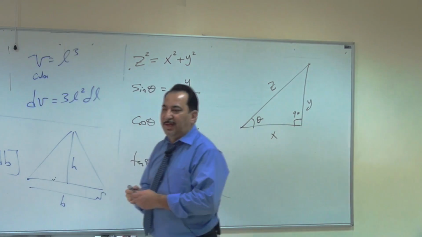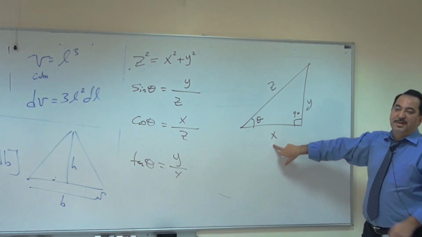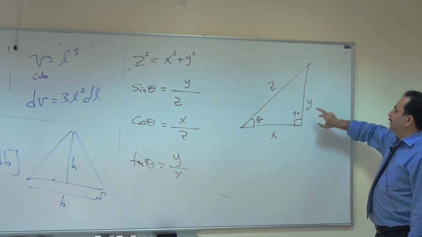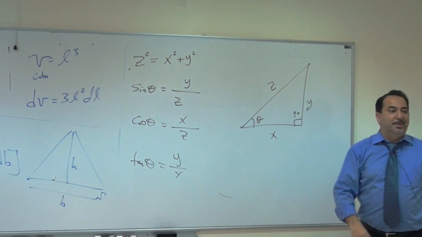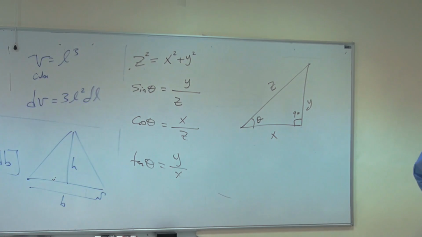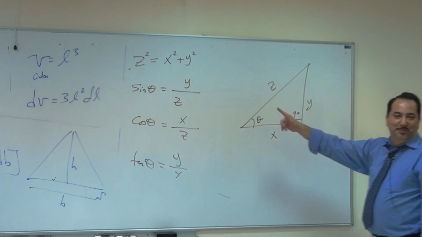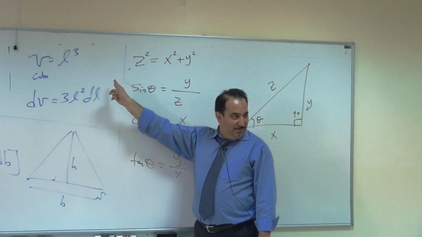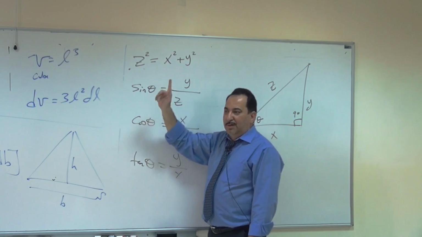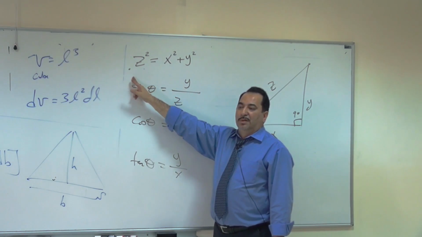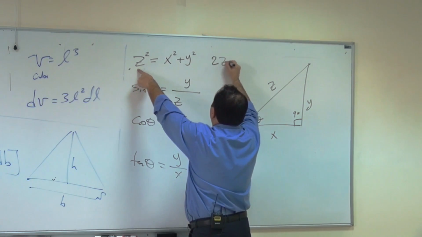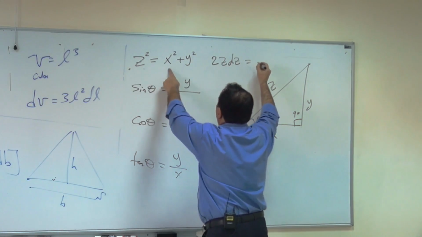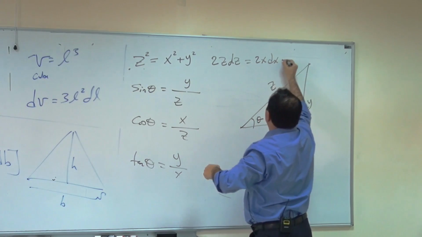Now this is the question here. If you have errors in x and errors in y, what's the error in the z, in the hypotenuse? What is your formula? The first one, because it has z, x, and y. So what do you have to do? Derive it. What's the derivative here? 2z dz equals 2x dx plus 2y dy.